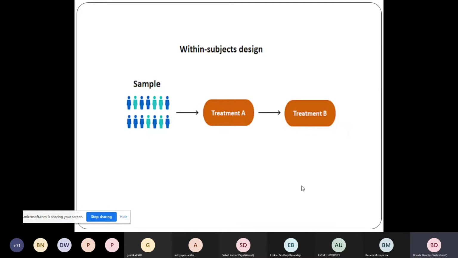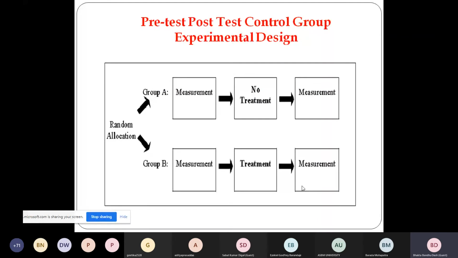Now, pre-test, post-test, control group experimental design. If you look here, what is a pre-test and what is a post-test? Say, for example, I need to assess the training impact. Before training, I need to assess the learning achievement. Then we provide training. Then after, I assess post-training.